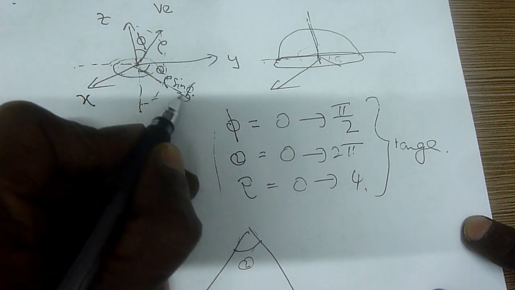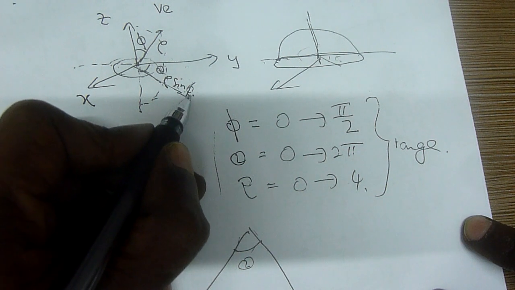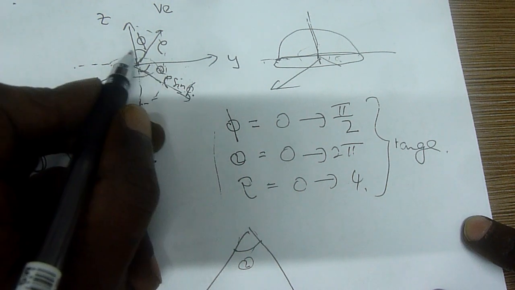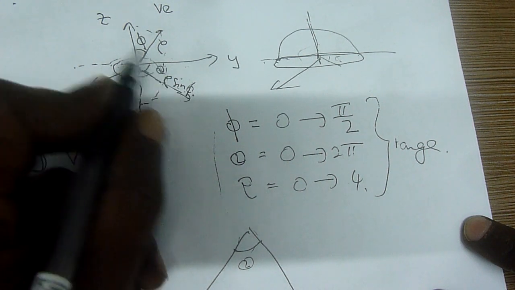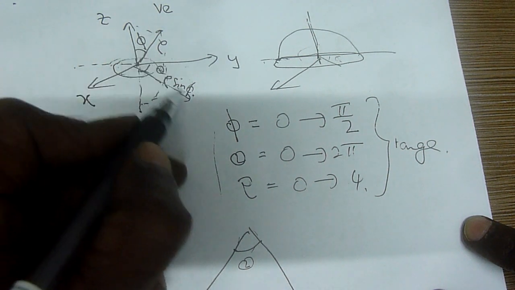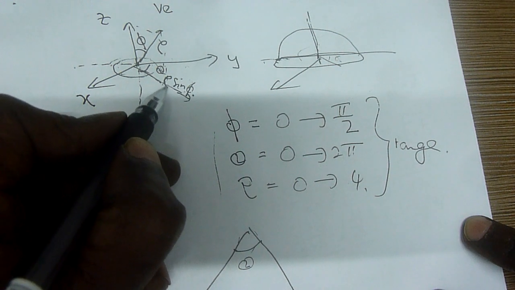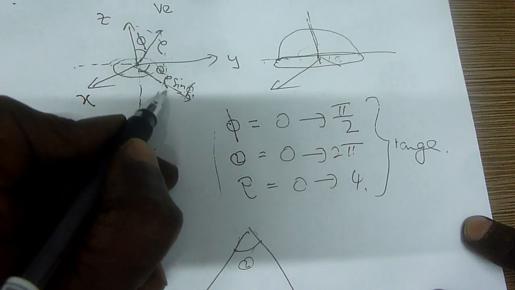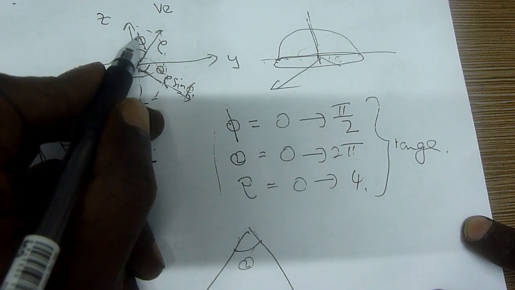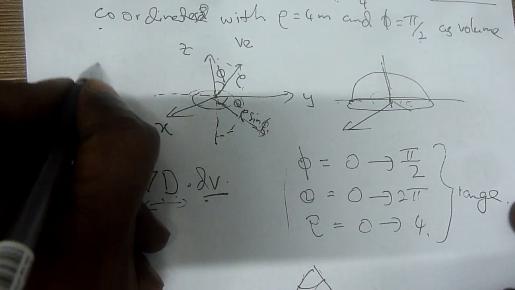It's completely horizontal here. You can test if it is 90 degrees. If it is 90 degrees, sine phi is 1, it depends on how we identify the phi.